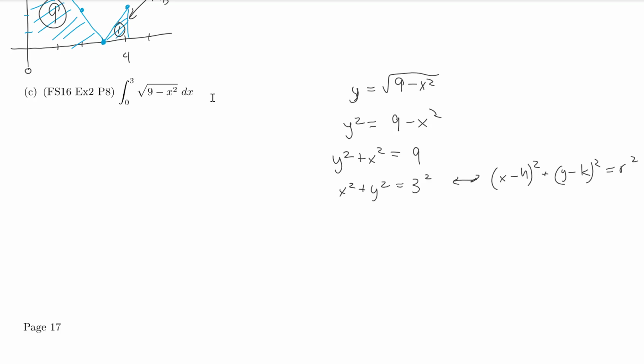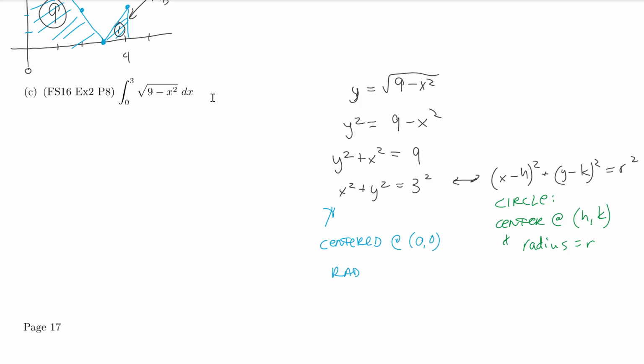And this is the equation of a circle with a center at (h, k) and radius r. So our circle that we're dealing with is centered at 0, 0, the origin, and the radius is 3.